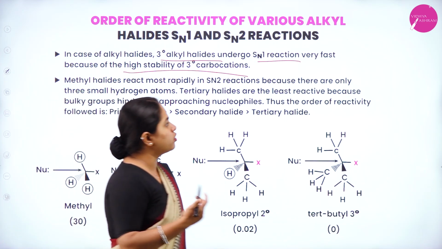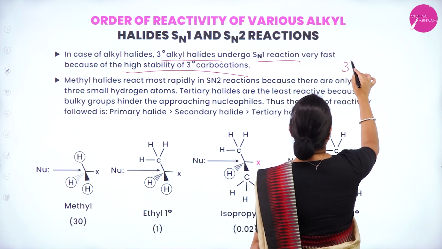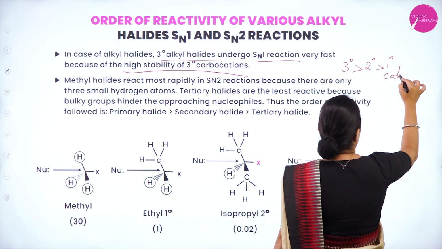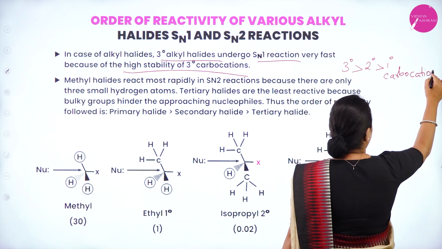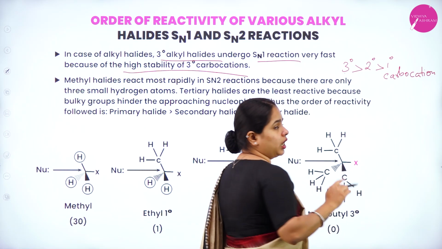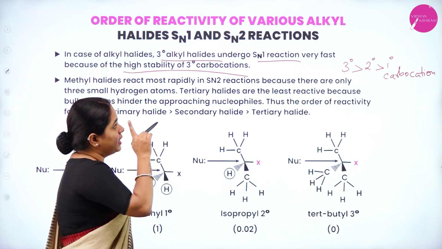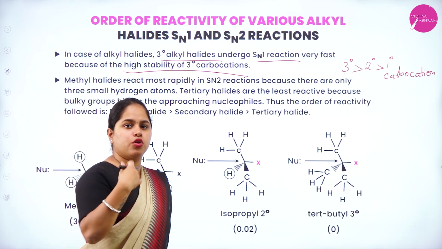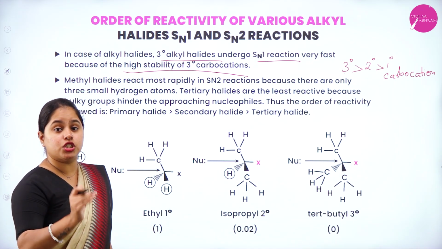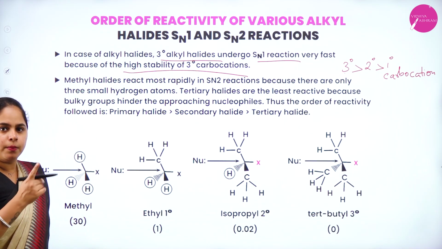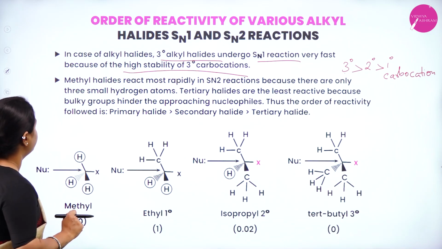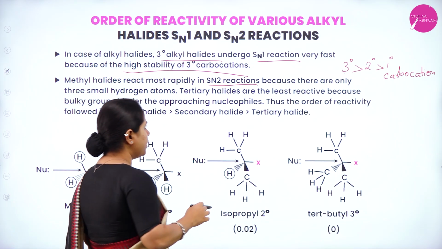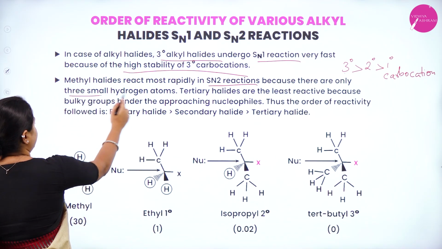We already know the order of stability of carbocations: tertiary carbocation is most stable, then secondary carbocation, then primary carbocation. So in the SN1 reaction, as the tertiary carbocation has the highest stability, the tertiary alkyl halide will undergo the reaction faster, because in the SN1 reaction a carbocation is formed. Now, methyl halides react most rapidly in the SN2 reaction because there are only 3 small hydrogen atoms.